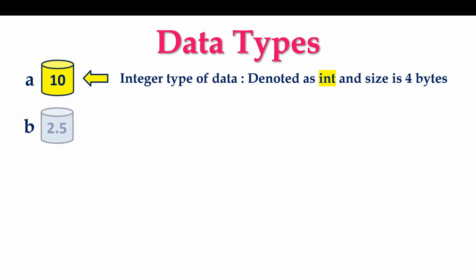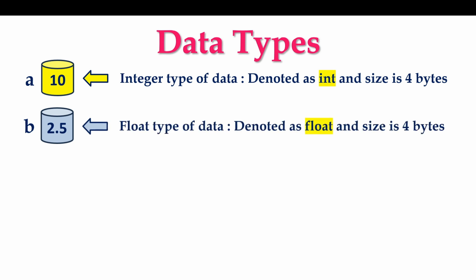Likewise, to store float type of data, we need again 4 bytes. For example, to store the integer 10, we need 4 bytes, as well as to store a fraction value, we need 4 bytes of memory.